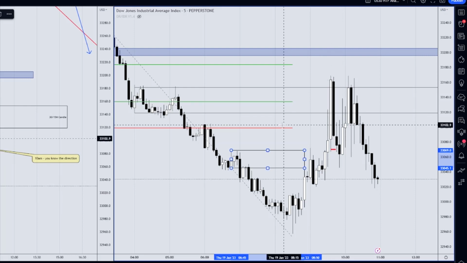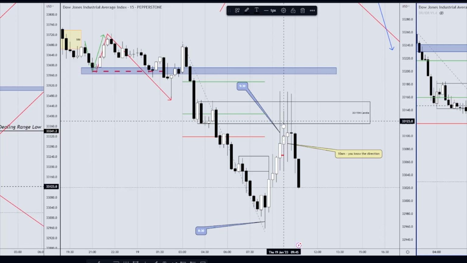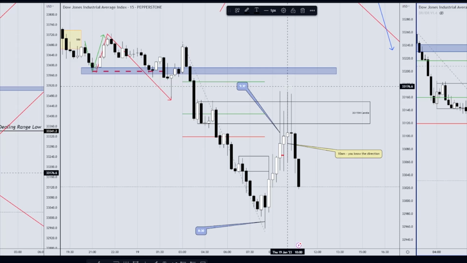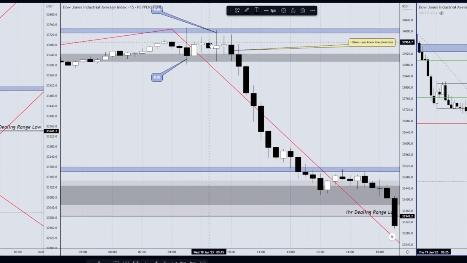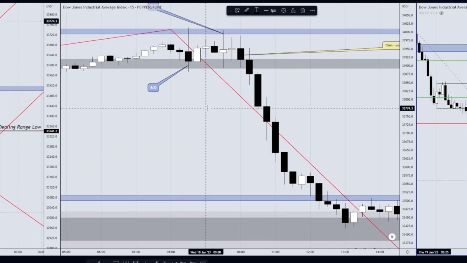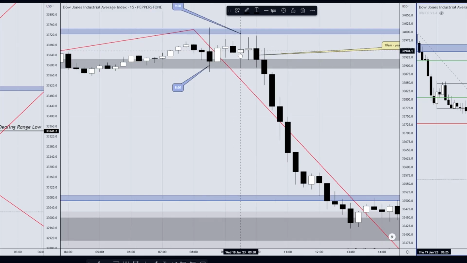Now back on the 15-minute, I took a sell here, placing my stop above this area. Now if I zoom out and head to yesterday's trading as an example, notice the 8:30 candle is a pin bar, and I'd say the 9:30 candle is a little bit indecisive, but you can see clearly that above it, it's just failing to get higher.